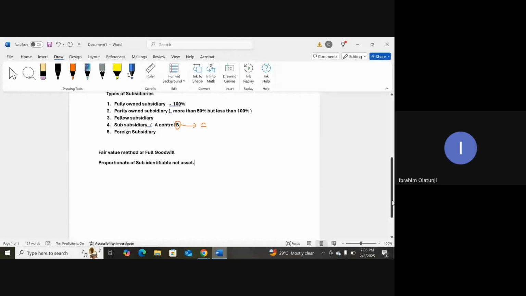After that, number four is to calculate the consolidated retained earnings, or consolidated reserve. It depends on what the examiner gives, whether they mention reserve or retained earnings.